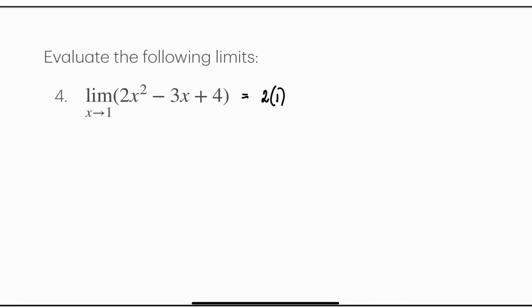So 2 times 1 squared minus 3 times 1 plus 4. So that's 2 minus 3 plus 4. The answer is positive 3.